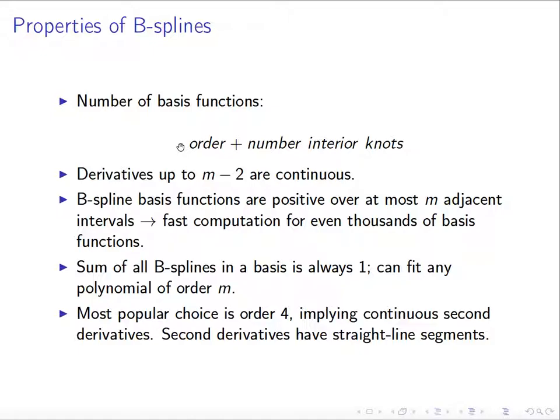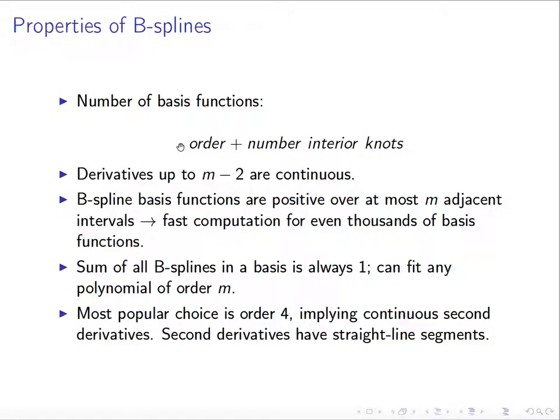We have 13 knots in our example. So 13 knots means we have 11 interior knots, not including the 2 boundaries. For a B-spline we have to define at least 2 knots at the boundary. So for the 13 knots we will have 11 interior knots.